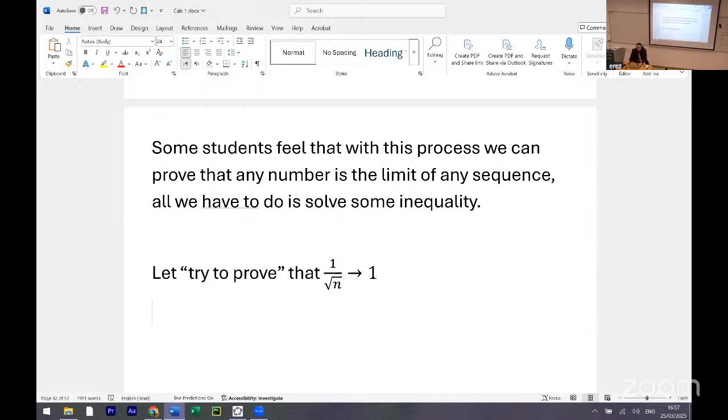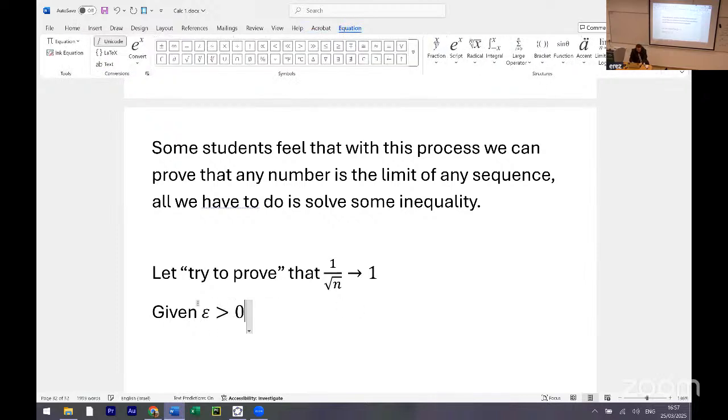So we're trying to prove that 1 over square root of n tends to 1. It's not true, but we're trying to prove it nonetheless. So the exact same formulation. Instead of let, I say given.